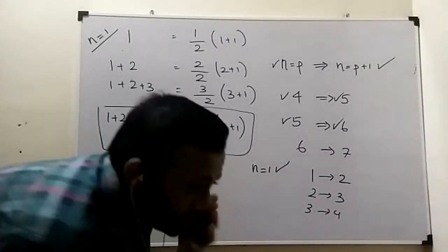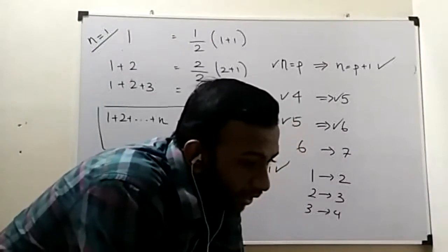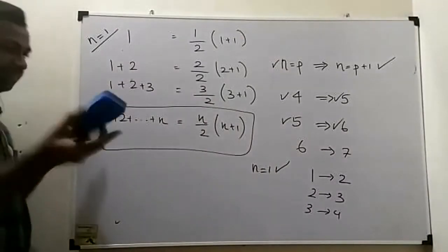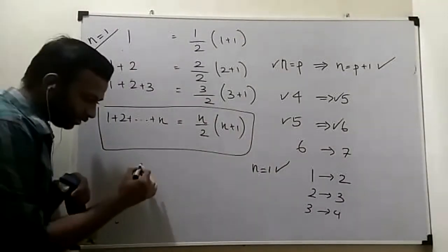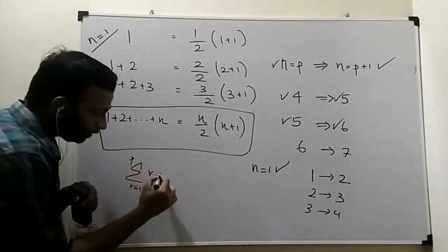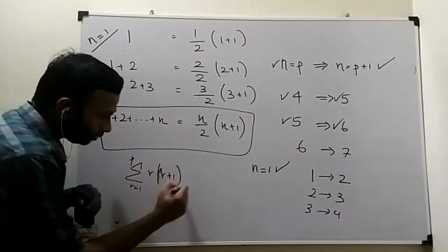Okay, so for this third step, how did we find out we should add p plus 1 to both sides? So this is from the question we did before. What we are trying to do is, we assume the statement is true when n equals p.